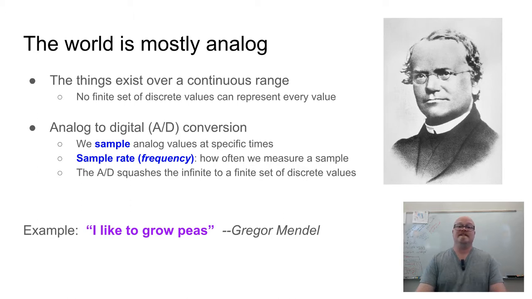So to deal with this, we have to do something called analog to digital conversion. This is where we introduce specialized equipment of some sort that is able to experience the analog world through some stimulus and then produce as output a discrete value that fits into a finite set of discrete values.